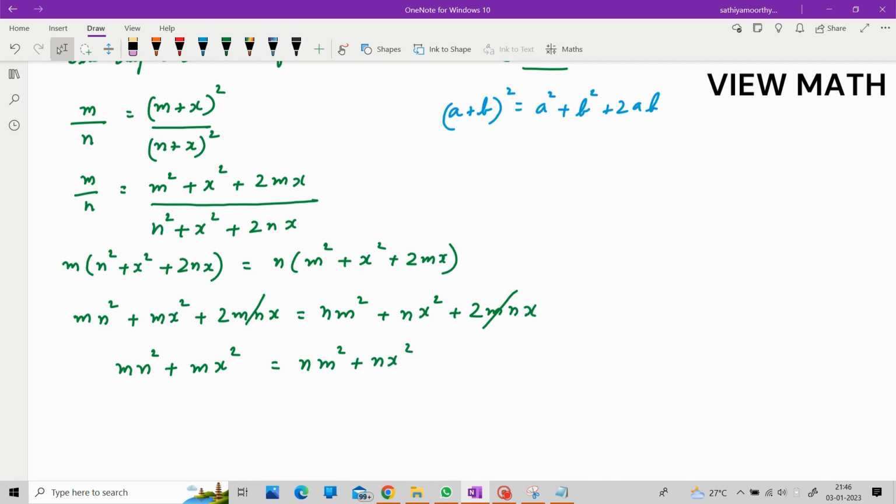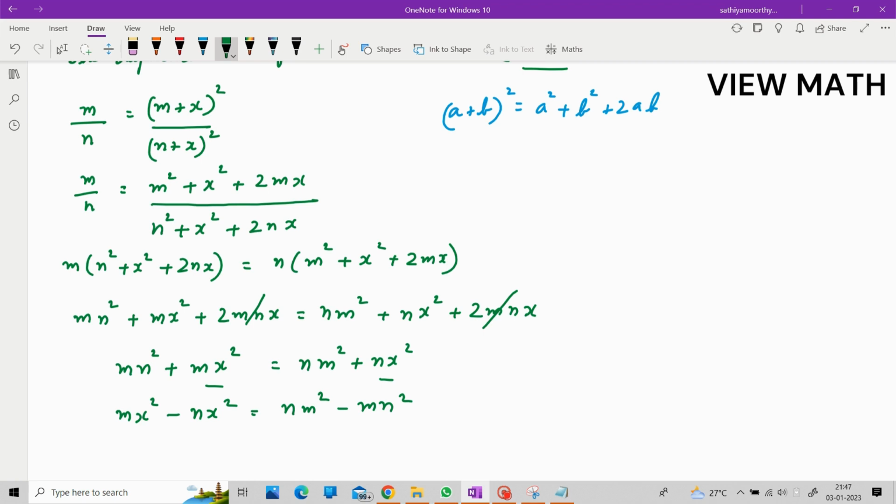Now I can see the x square term is there on both sides. Let me bring it to one side and the remaining to the other side. I'll be getting mx square. I'm bringing this nx square to the left hand side, so it becomes minus nx square is equal to nm square minus, I'm bringing this mn square to the other side, so it becomes negative mn square.